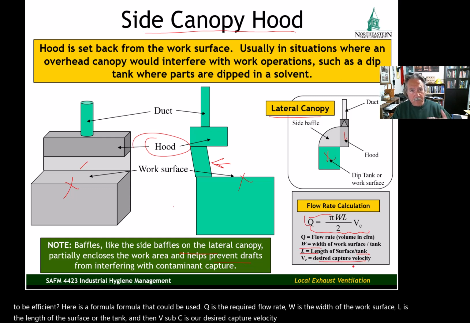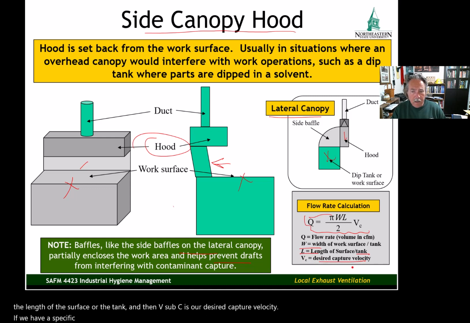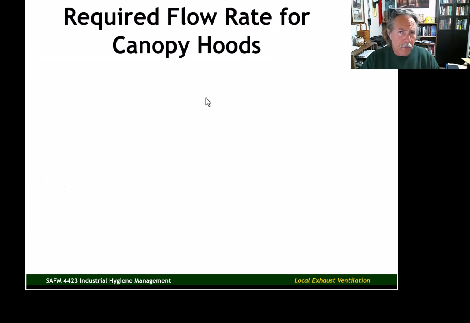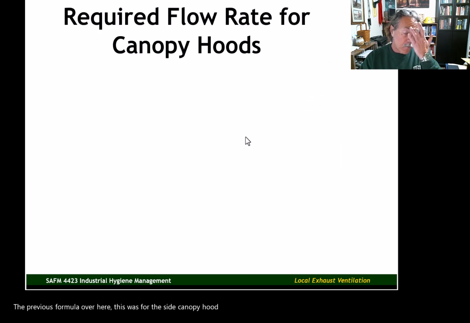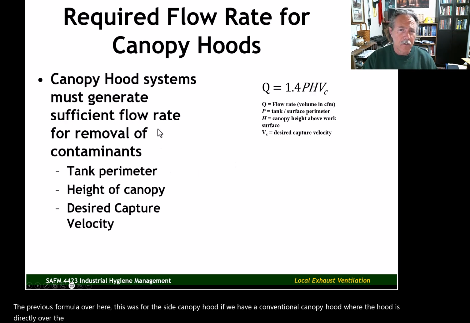If we have a specific capture velocity that we're working with, this formula will tell us the required airflow rate that's needed. The previous formula over here was for the side canopy hood. If we have a conventional canopy hood where the hood is directly over the work surface, there's a different formula that would be used for that.